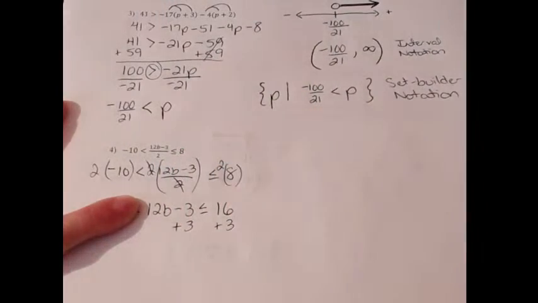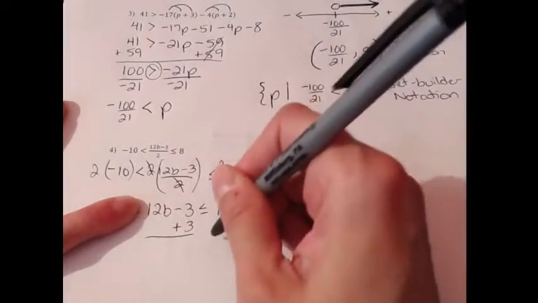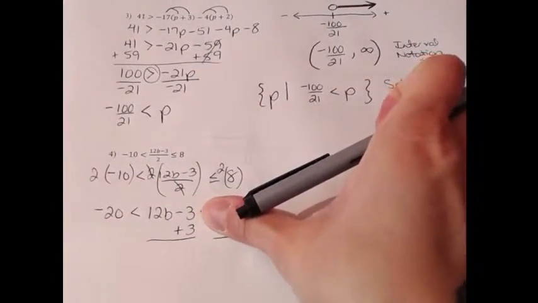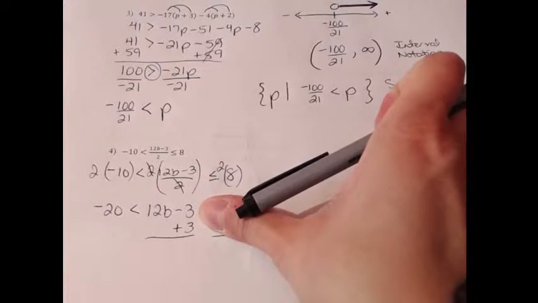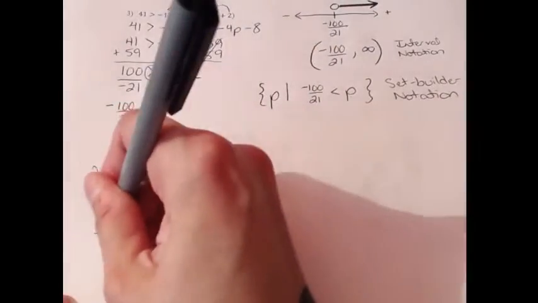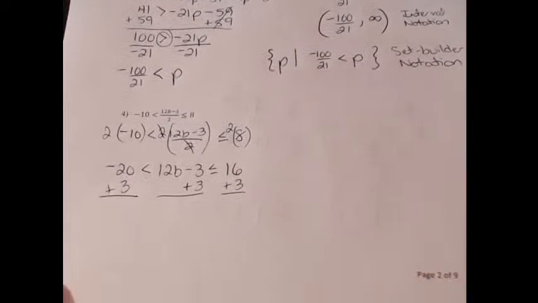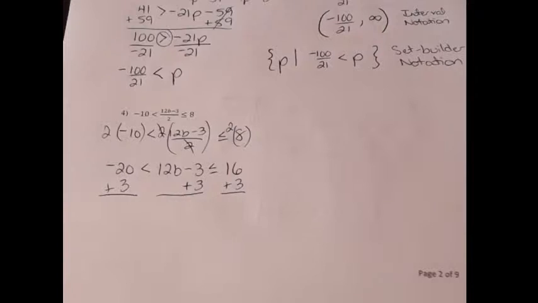And I would say, yes, you're totally correct, right? But what if I covered this side and it reads, negative 20 is less than 12b minus 3? You would say, oh, I would add 3, and I would do that to both sides. Well, guess what? You're going to do that exact thing, but to each of the sides simultaneously. Just like I said before, you are solving two linear inequalities at the same time.